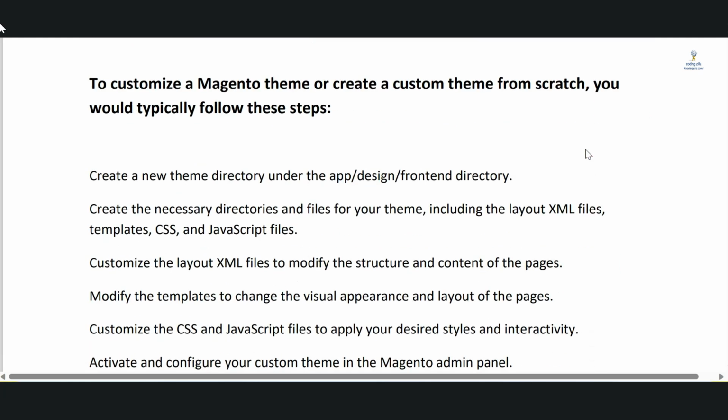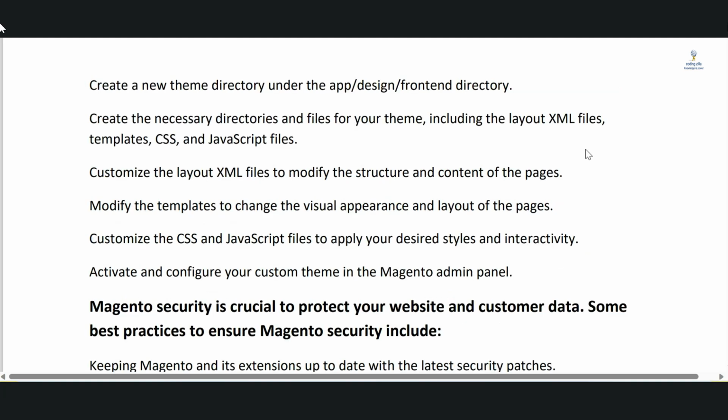Next one is how to customize a Magento theme or create a custom theme from scratch. You would typically follow these steps. Create a new theme directory under the app design frontend directory. Create the necessary directories and files for your theme, including the layout XML file, templates, CSS and JavaScript files.